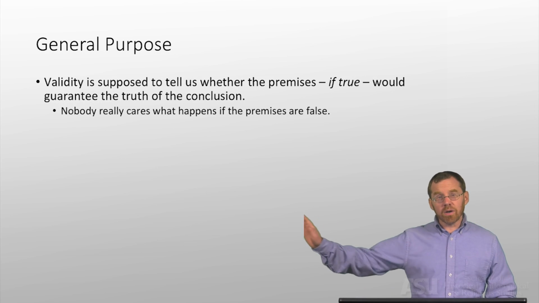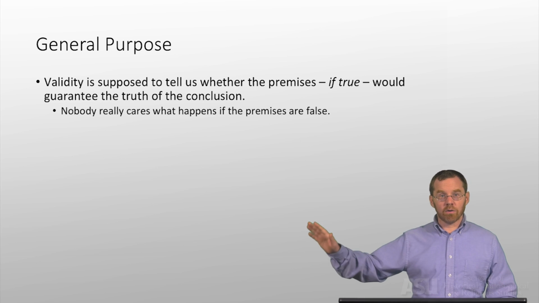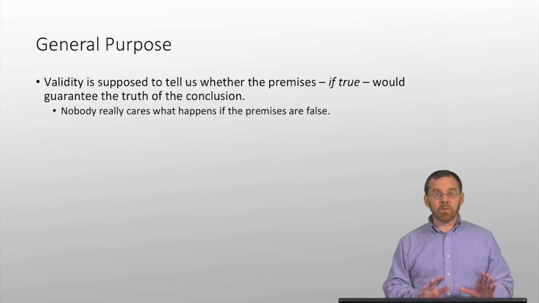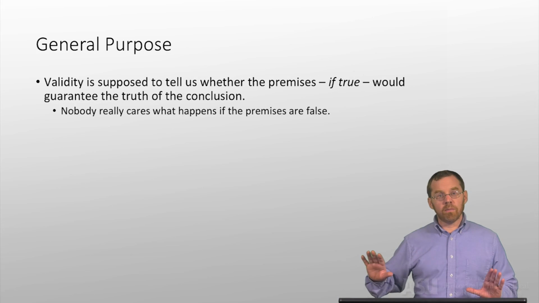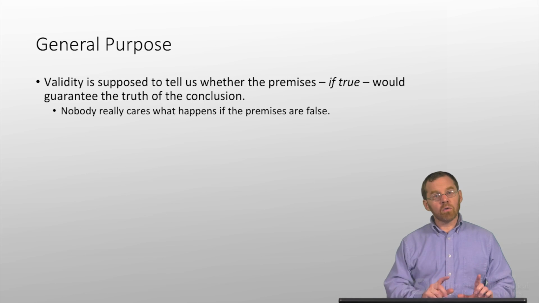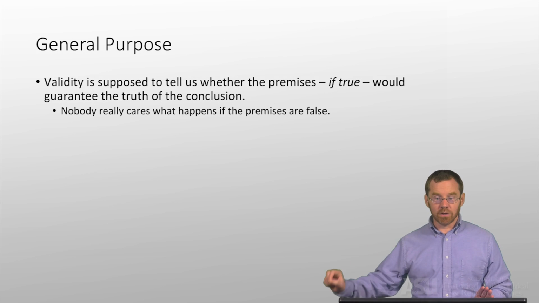So we're not worried about what happens when the premises are false. At least when we're doing this step of figuring out whether or not an argument is valid, we don't care about what happens with that argument form when the premises are false. We're only concerned about the question of whether or not the premises, if true, would guarantee the truth of the conclusion.